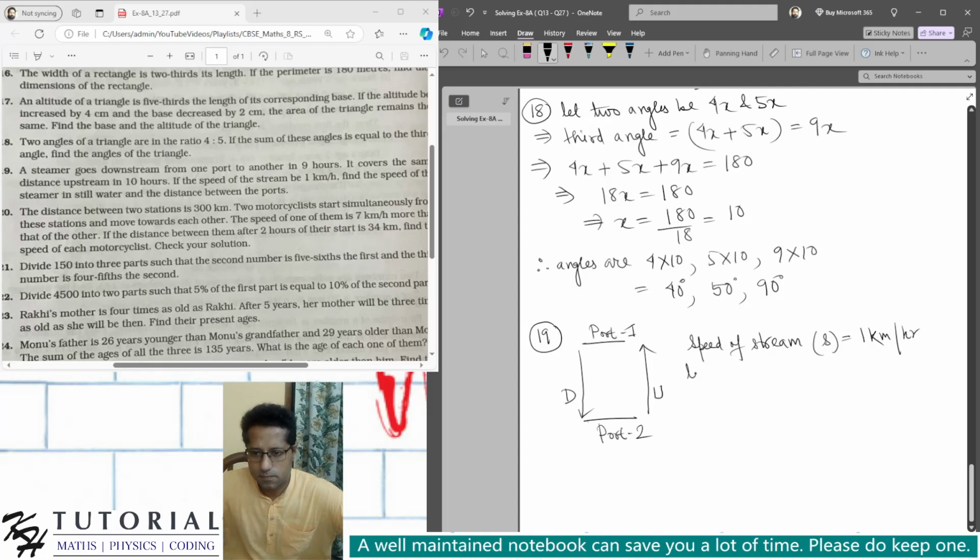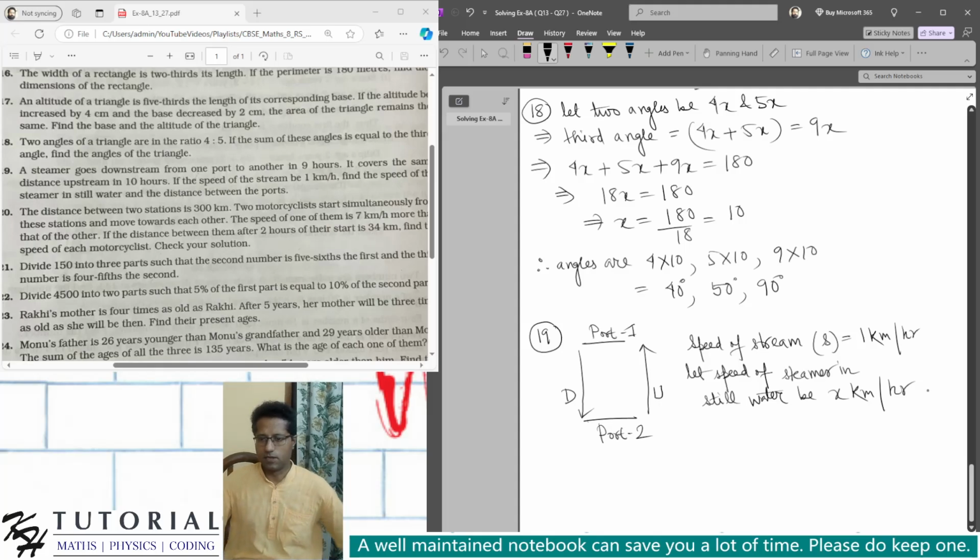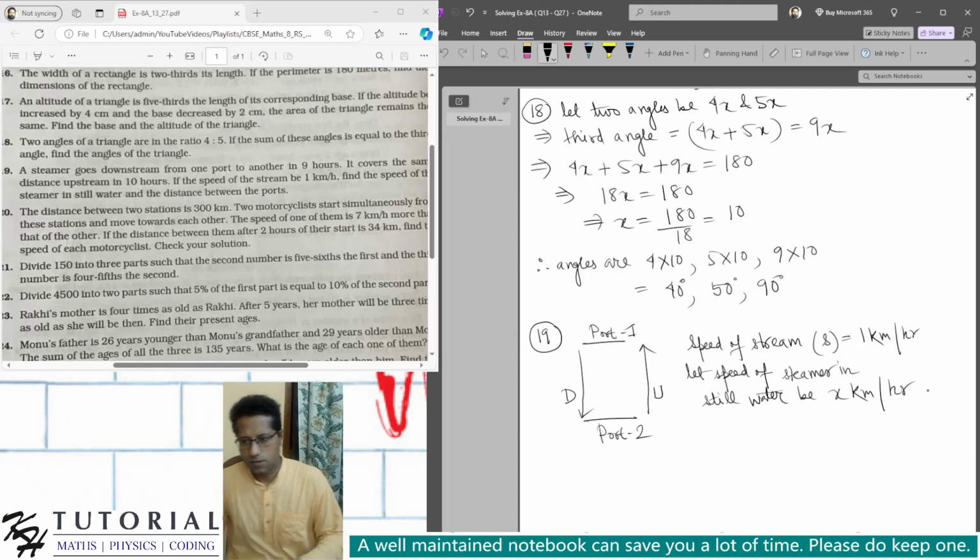Now let the speed of the steamer in still water be x kilometer per hour. So we are assuming the speed of the steamer in still water is x kilometer per hour.